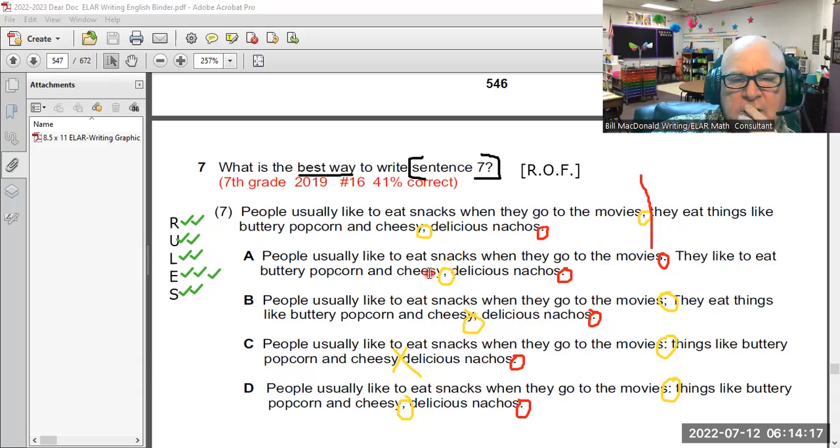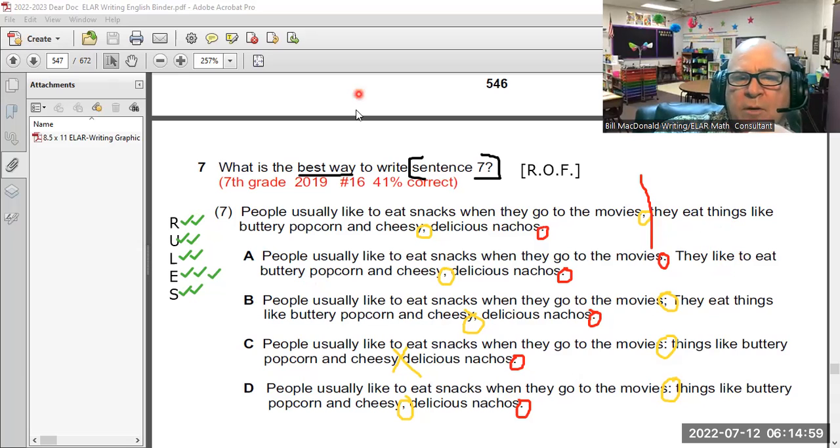So if I look closely at that, because content is important, the phrase things like, they eat things like, they like to eat, the things like part is missing.